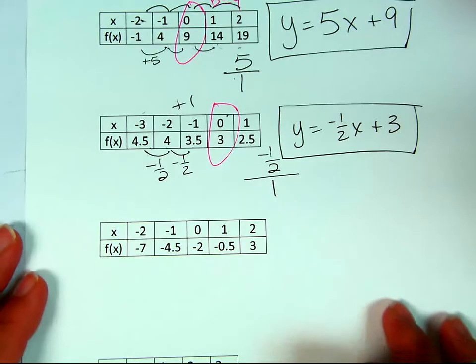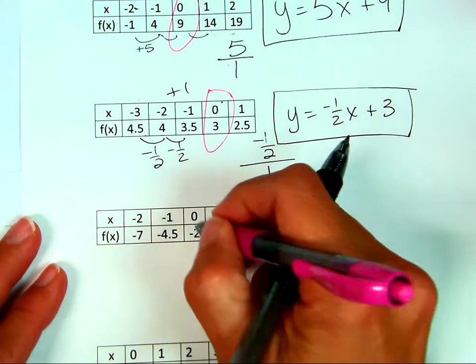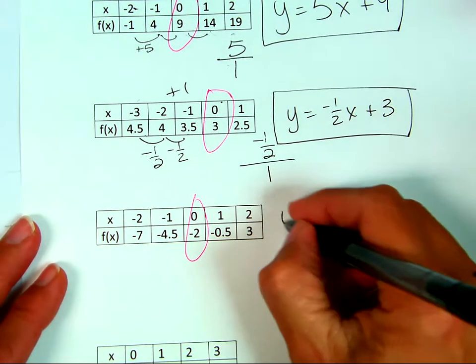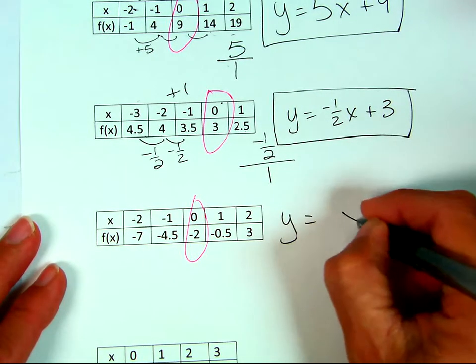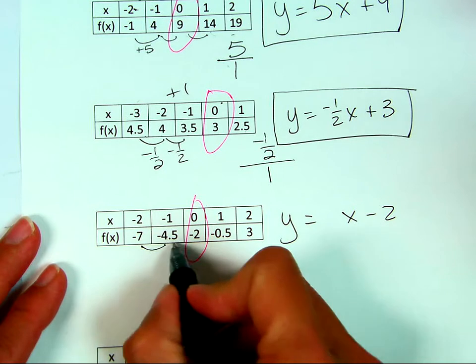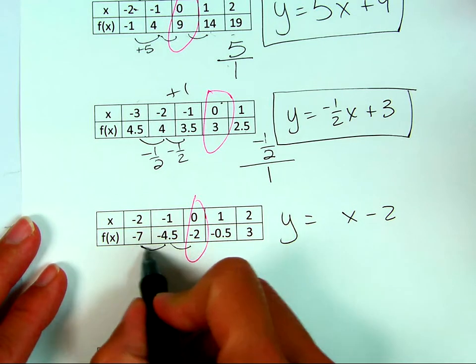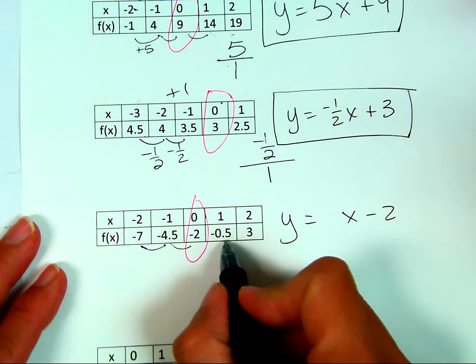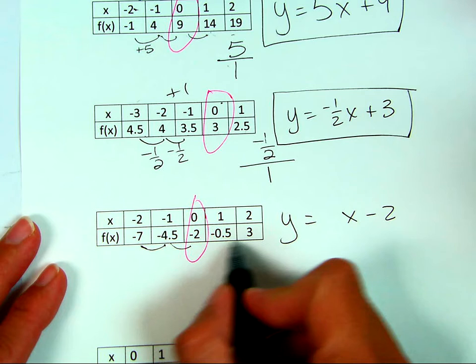Okay, 2 more. There's my y-intercept, and let's see what's happening each time here. It looks like it's going up 3.5.